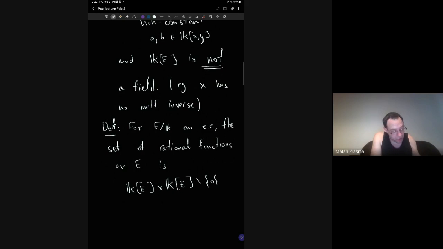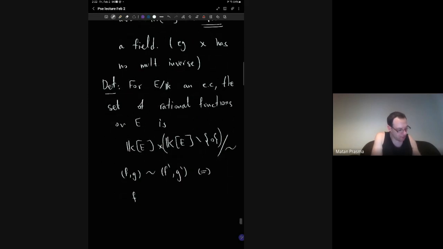Non-zero, again, as polynomials in E, right? And I divide by an equivalence relation, which is, as you expect, f, g is equivalent to f prime, g prime if and only if f g prime minus f prime g is equal to 0 in K of E.